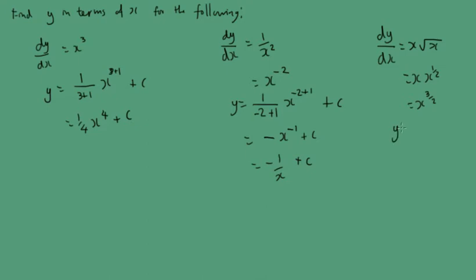So y is 1 over 3 over 2 plus 1, x to the 3 over 2 plus 1 plus c. That gives us 1 over 5 over 2, x to the 5 over 2 plus c. Tidying all that up, we'll have 2/5 x to the 5 over 2 plus c.